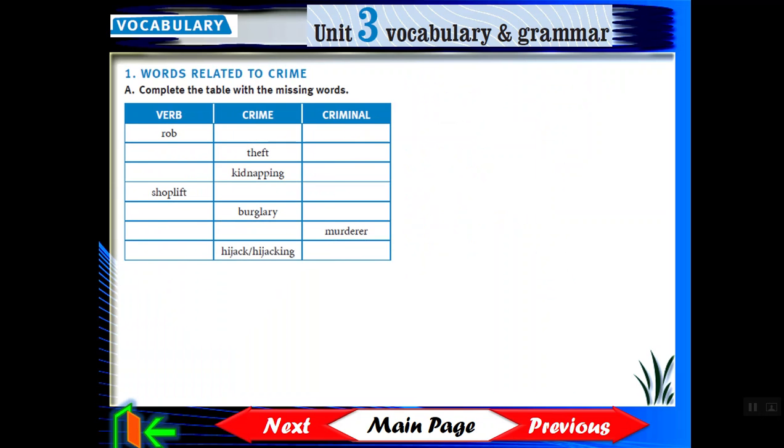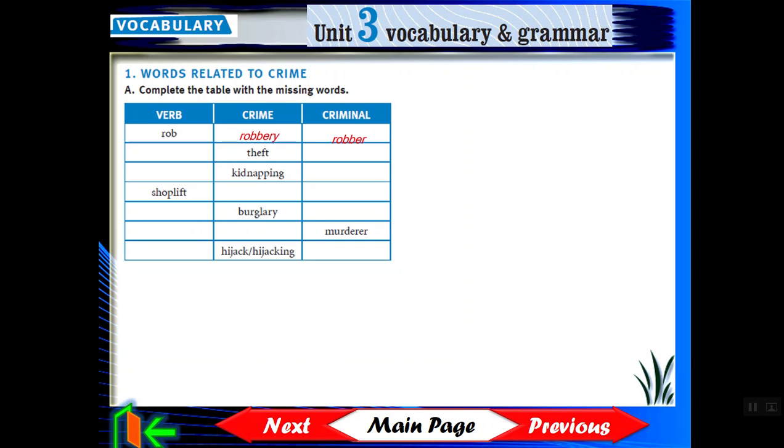Here we have the table. So the verb rob is gonna be, as a crime, robbery. So all these words, you're gonna give the verb, the crime, the criminal. The criminal for robbery, robber.